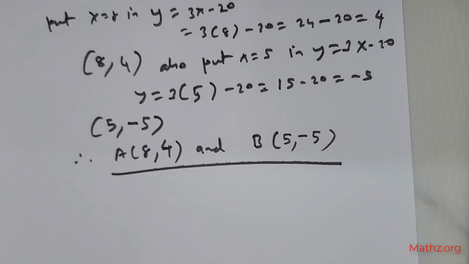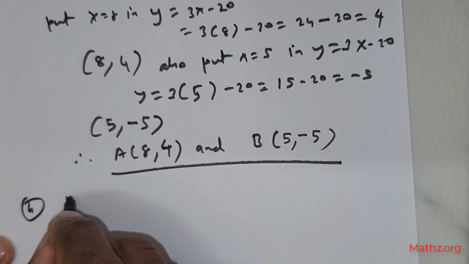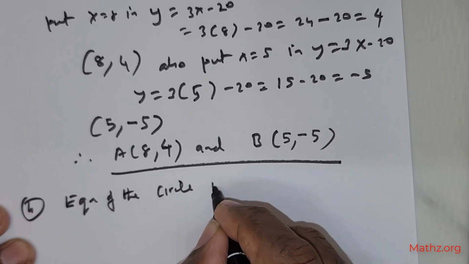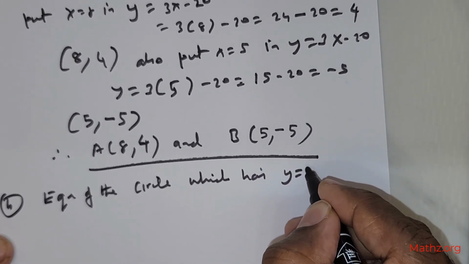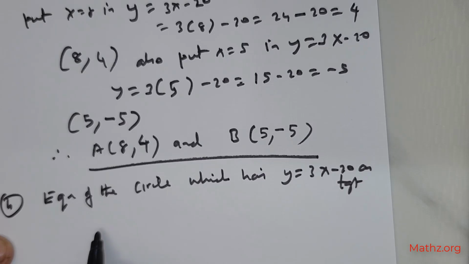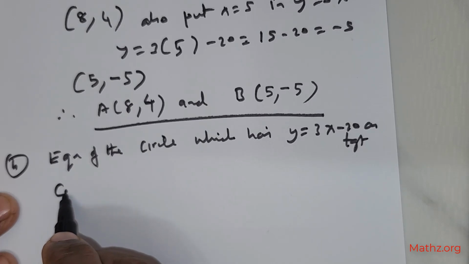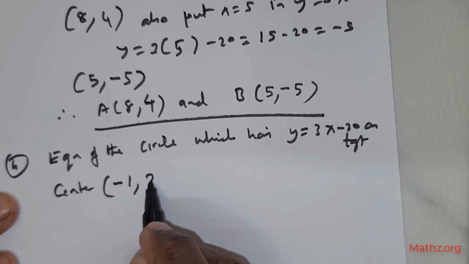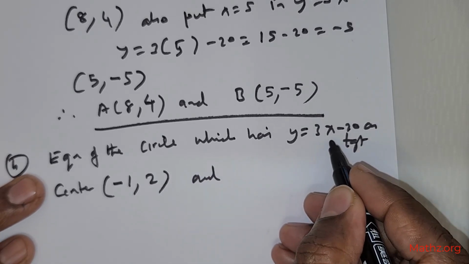Okay, so now we are expected to find the equation of the circle which has y is equal to 3x negative 20 as tangent. Okay, so foremost what we need to do is we have the center is negative 1 comma 2, that is the center of the circle, and we have a line y is equal to 3x.